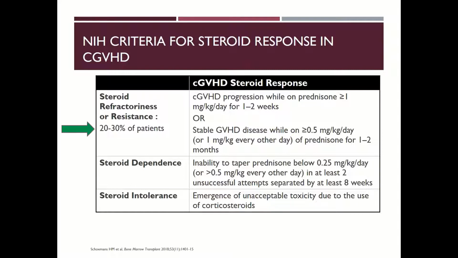Steroid refractory resistant disease is defined as progression while on prednisone, at least 1 milligram per kilo per day for 1 to 2 weeks, or stable disease while on at least 0.5 milligram per kilo per day for 1 to 2 months. There also exist definitions of steroid dependence and intolerance, which could also prompt change in therapy.